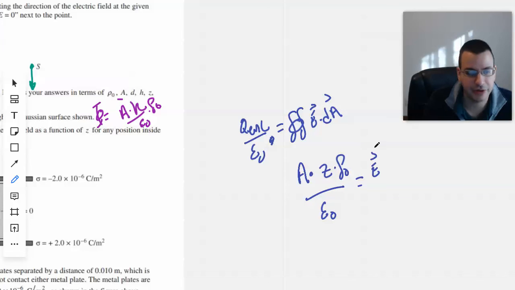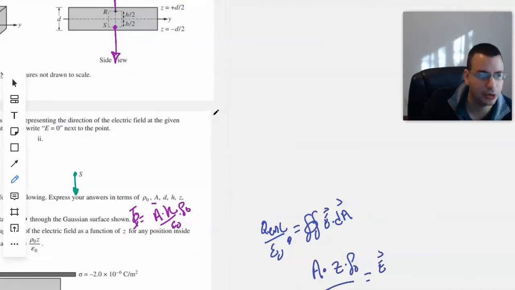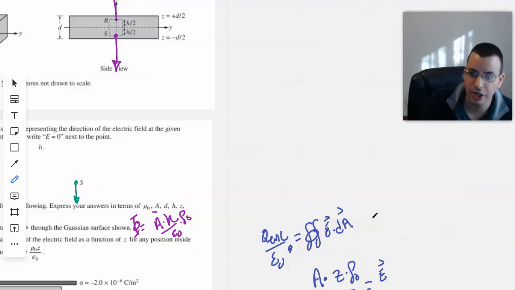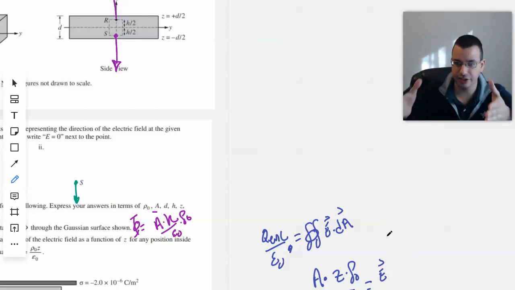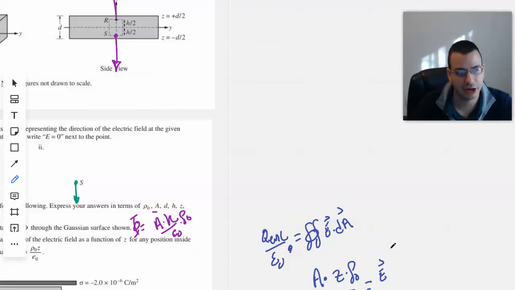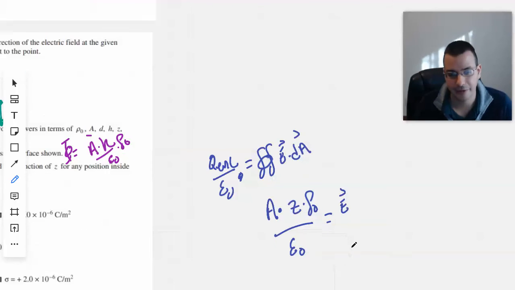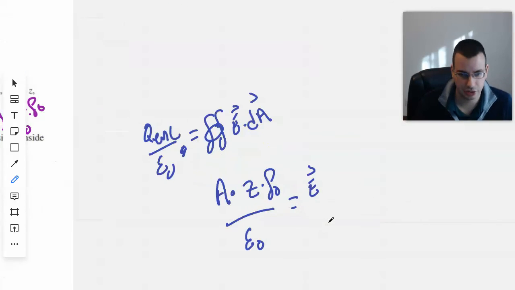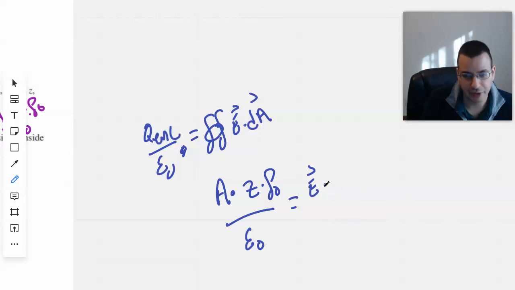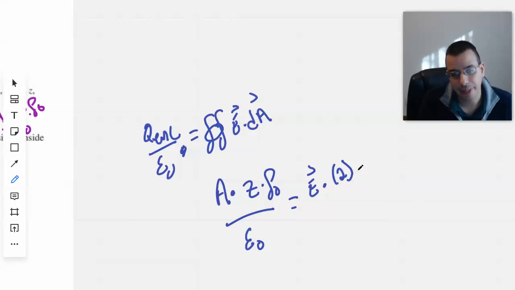So the electric field will be constant outwards at all these points. And we can ignore the sides of the cylinder because the angle between the electric field and the area will be pi over 2 or 90, and therefore cosine of 90 is 0. But we have to account for the top and bottom.